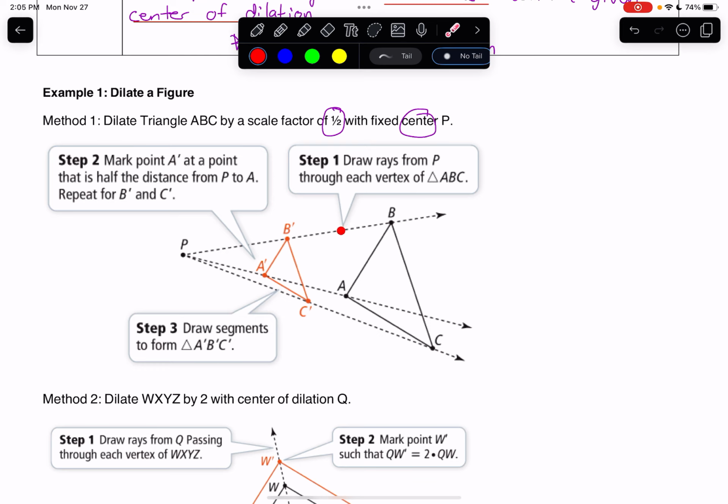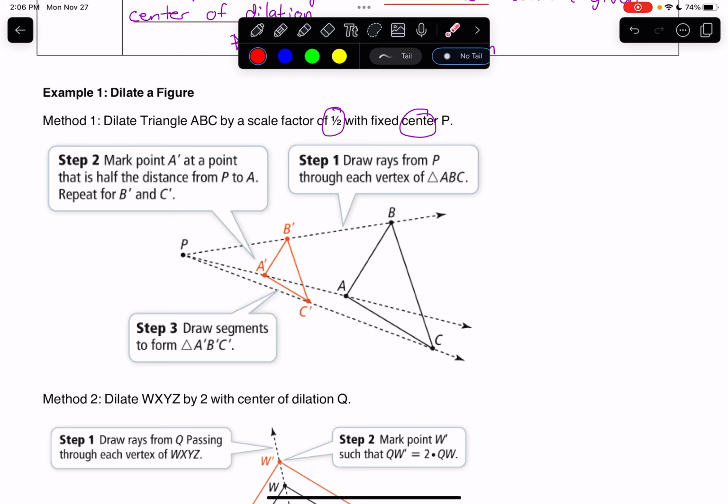So where BP was maybe 8 centimeters long, B prime to P is 4 centimeters long. From A to P is going to get cut in half, and from C to P is going to get cut in half. And that's going to give us our new shape, A prime, B prime, C prime, which is half the distance to point P, and it's also half the size of ABC.